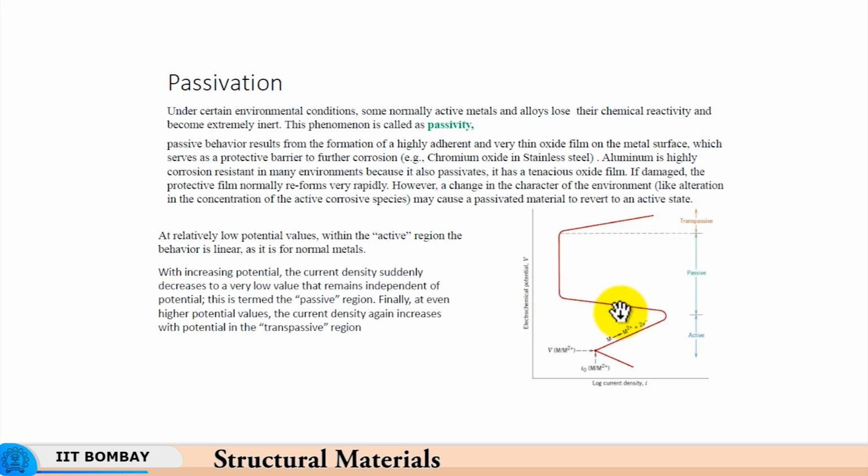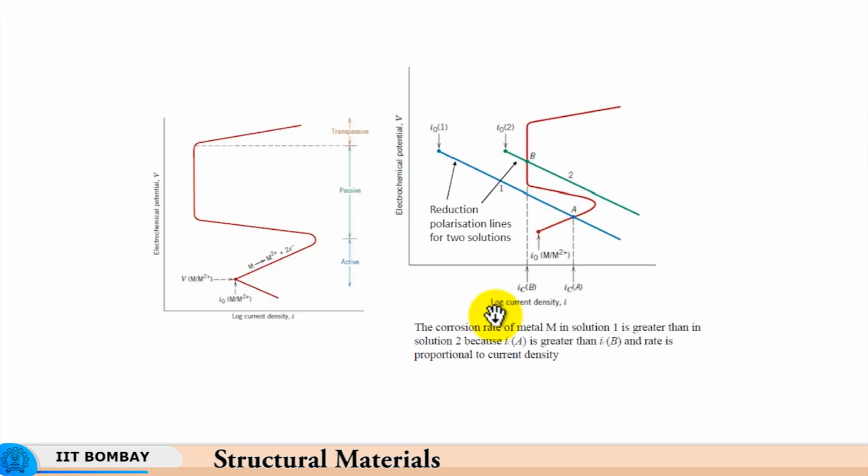Here there is a very mild or marginal rise, but then it practically remains constant, and then in this state even if the potential continues to increase, the current density is very low, and so this is the passive state of the metal. But then it can become transpassive, that is it can again start going up as the current density increases. The potential can go up with increase in current density.